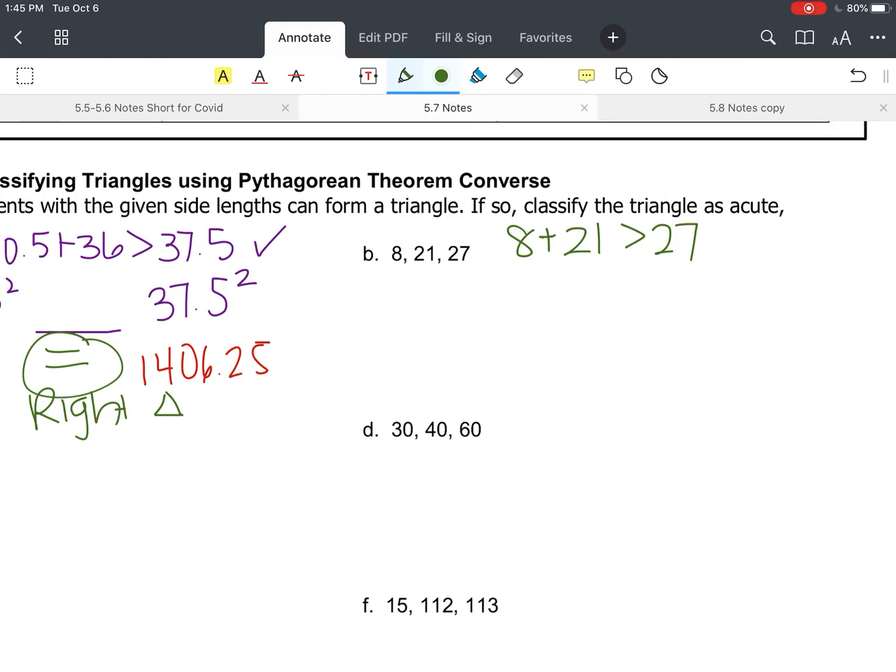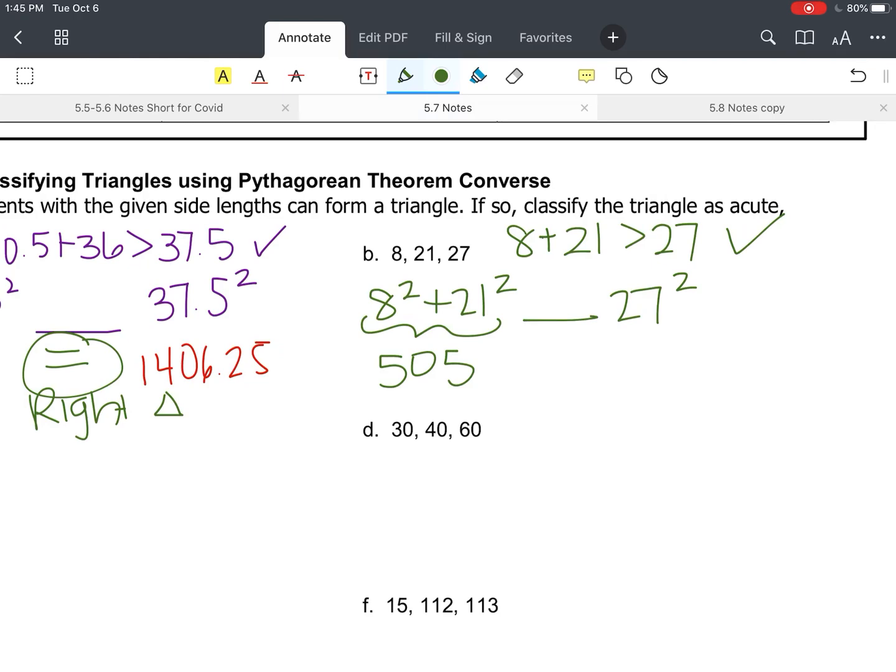So again, first we must check, is it a triangle? So is 8 plus 21 going to be bigger than 27? Well, 8 plus 21 is 29, so that will be bigger than 27. It's a triangle, so now let's keep going. You're going to square everything, so 8 squared plus 21 squared. We don't know how it compares to 27 squared.